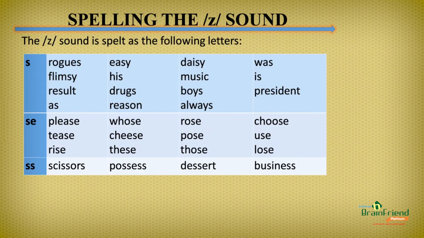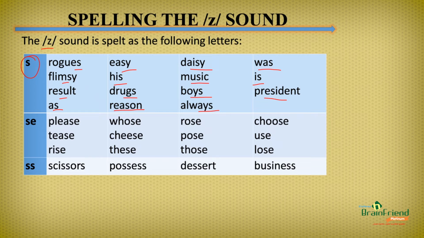The Z sound is spelled as the letter S in words like rogues, flimsy, results, as, easy, his, drugs, reason, daisy, music, boys, always, was, is, president.